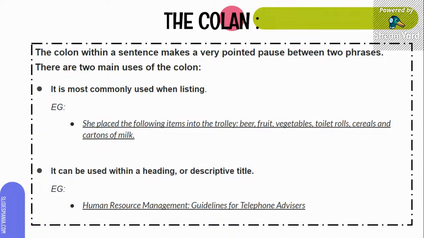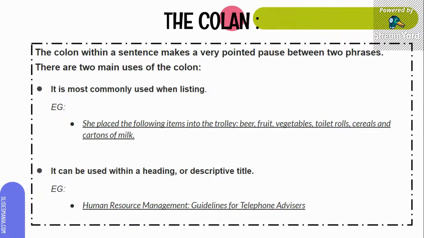There are two main uses of the colon. It's most commonly used when listing. She placed the following items into the trolley: beer, vegetables, toilet rolls, cereals, and cartons of milk.